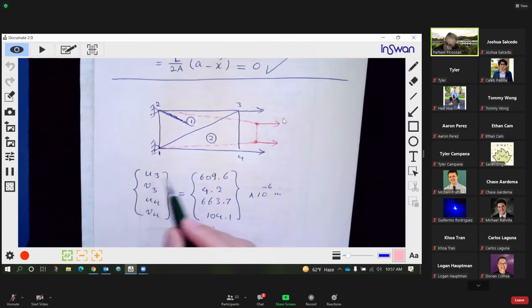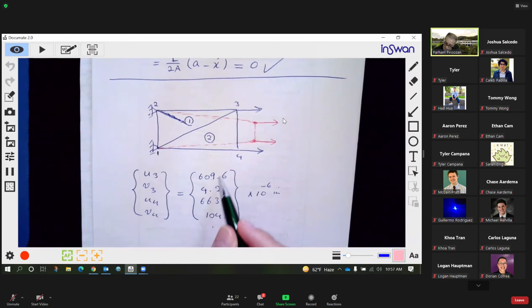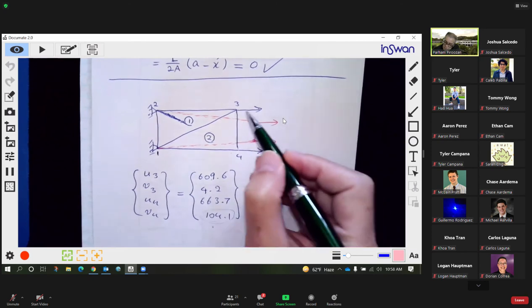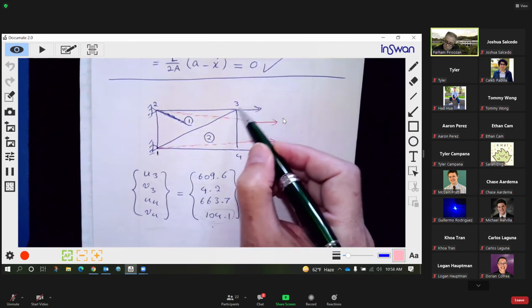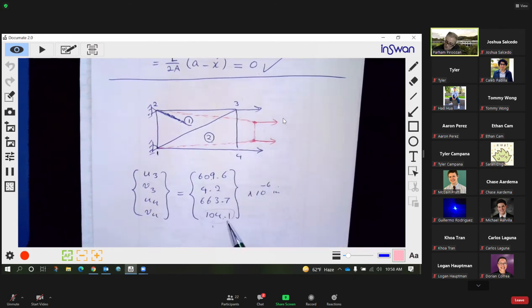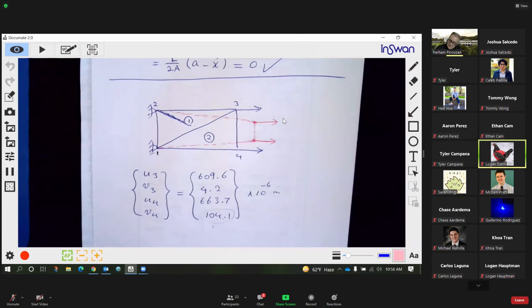These are displacements at nodes 3 and 4 in the x direction. They are not the same. And we have a displacement in the y direction, which is positive. So this shows that this node moved upward and this node moved upward even more. So these are not very good. Actually, this is completely wrong.